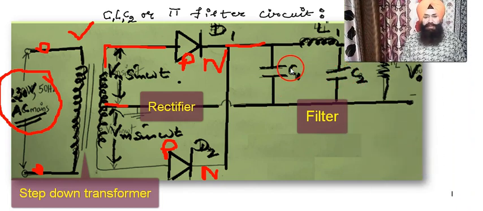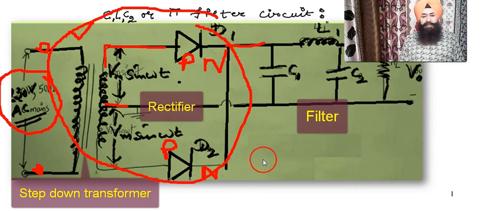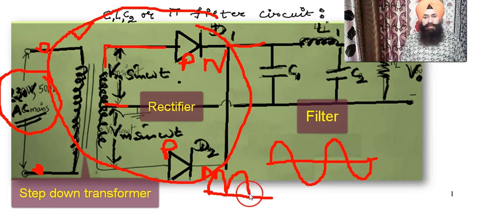Now we have a filter circuit. The function of this circuit is conversion of this type of AC. This is the applied AC, and this circuit will give us unidirectional output, which means it is varying in one direction, but still this is a pulsating voltage.